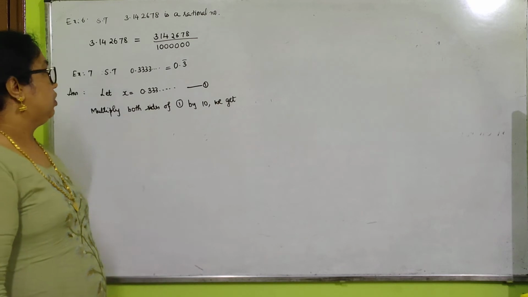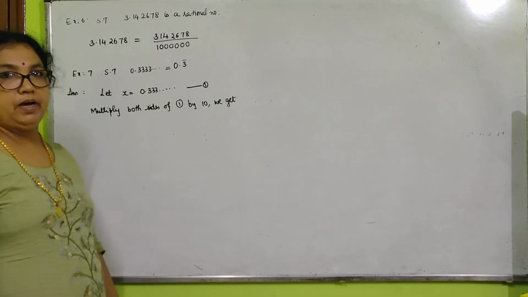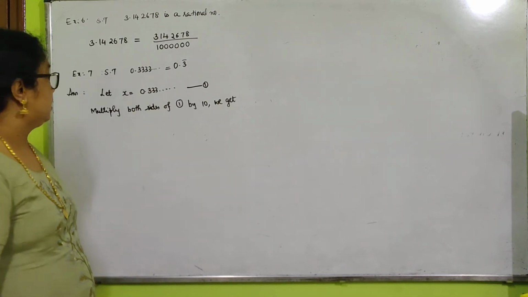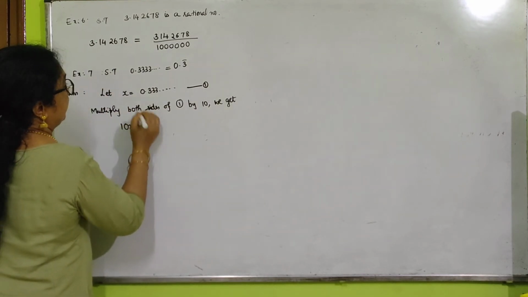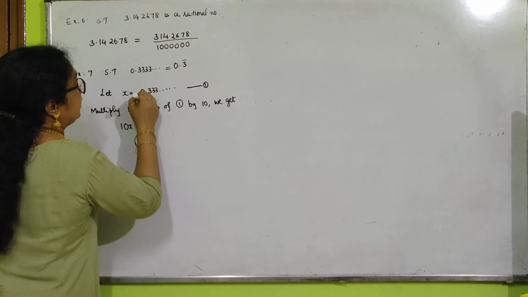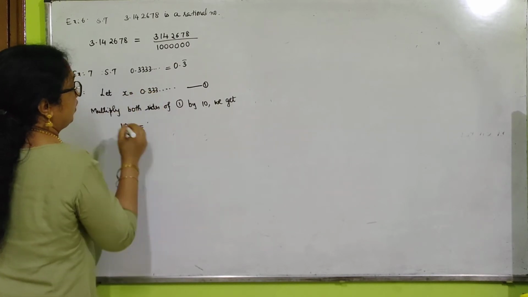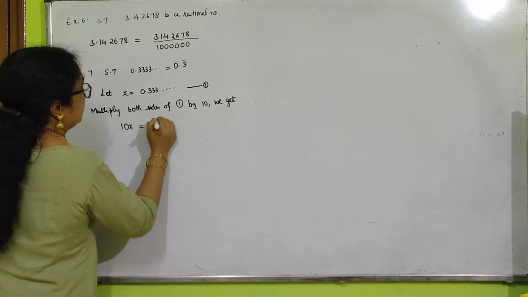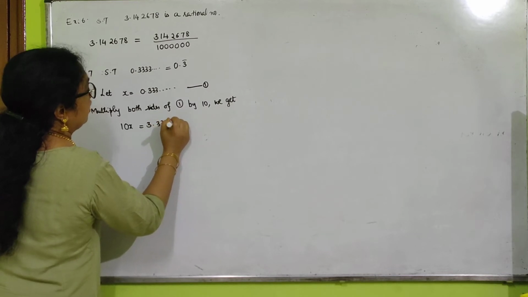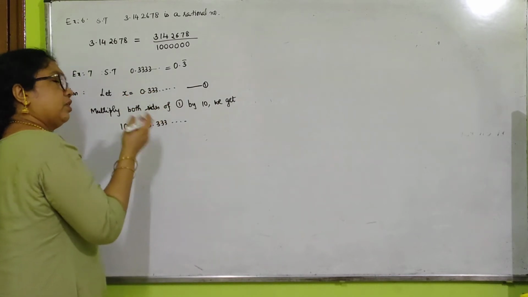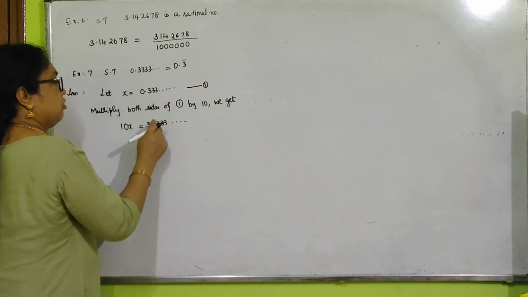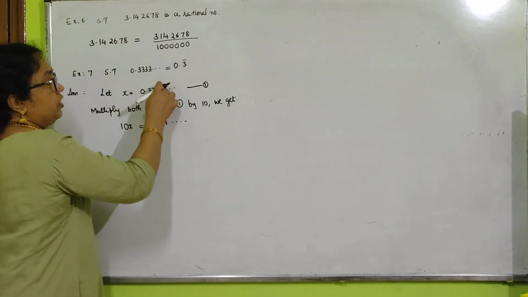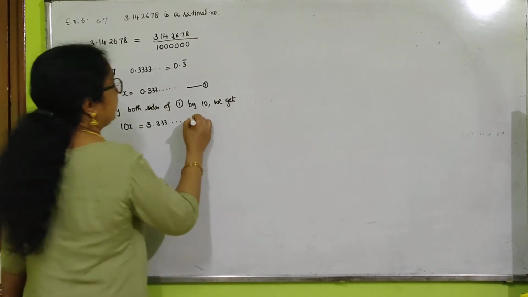Because after the decimal only one digit is repeating. So 10 into x is 10x. Multiplying by 10, the decimal moves one digit to the right side, so we get 3.333 and so on. Here 3 digits of decimals are written, so I wrote it again like this, 333 going on. Write this as the second equation.